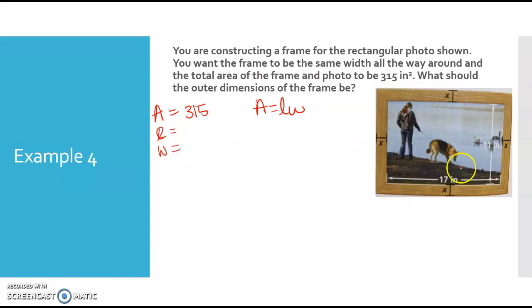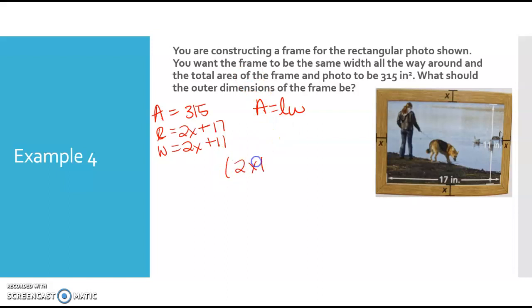So my length, I've got two x values on this length. So I've got a 2x plus the original 17 for the picture. So 2x plus 17. And my width, my up and down, again, have my two x's. So 2x and then plus the 11. And then I just plug into my equation.